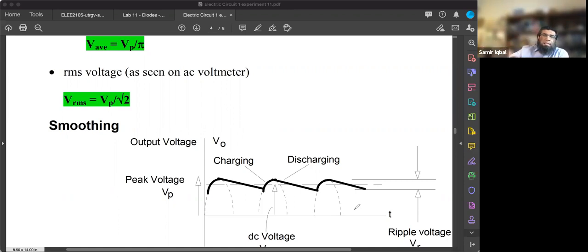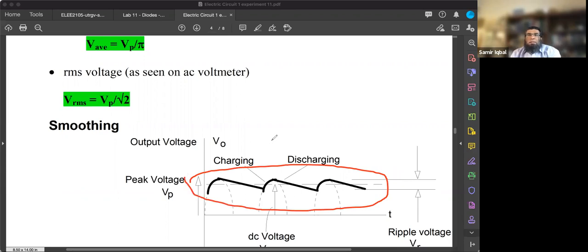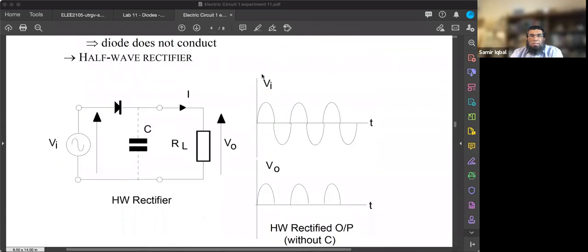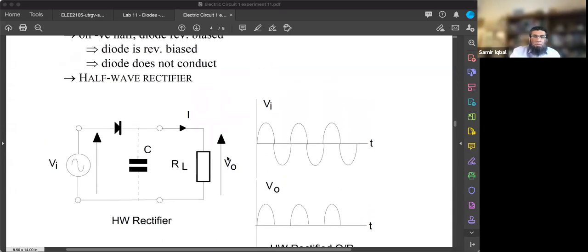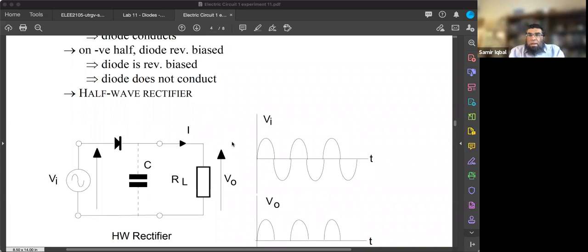So we get a signal at the output, still with current flowing, not as good as you would want in a DC signal, but still something is flowing on the positive side. It's called a half-wave rectifier because instead of just cutting off everything like this, which is what it would do without the capacitor, we put a capacitor and we are getting a signal.